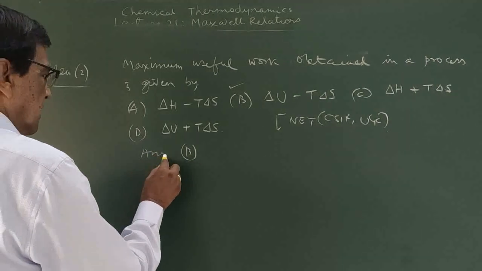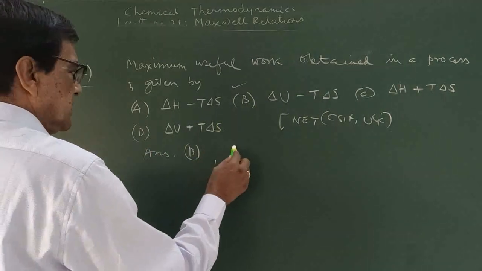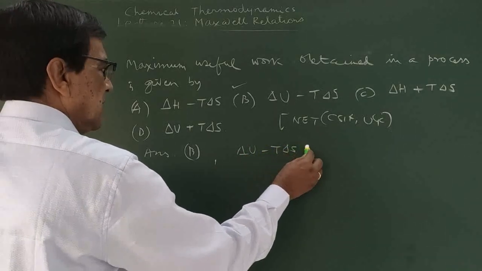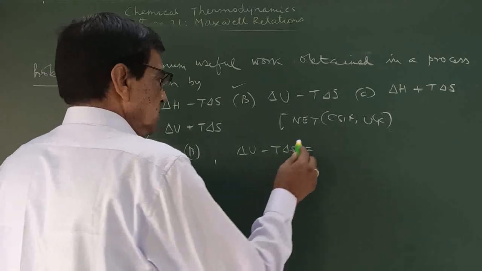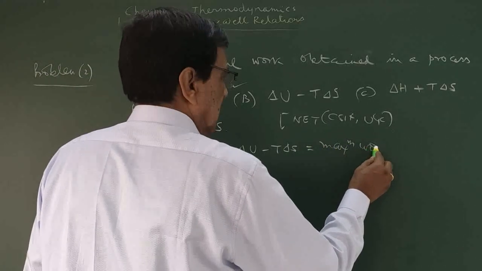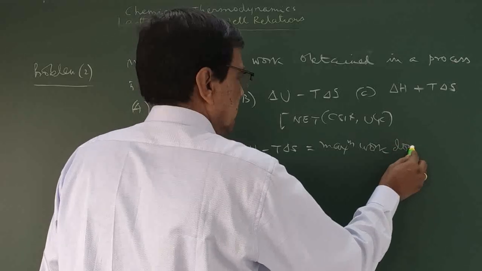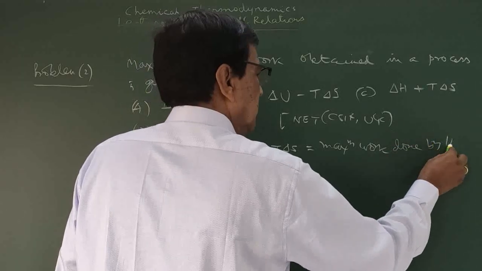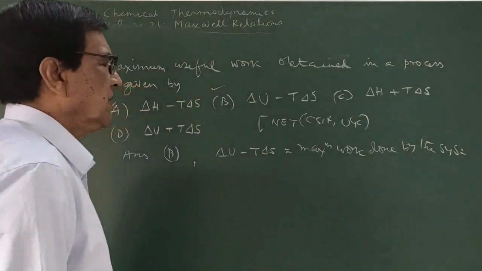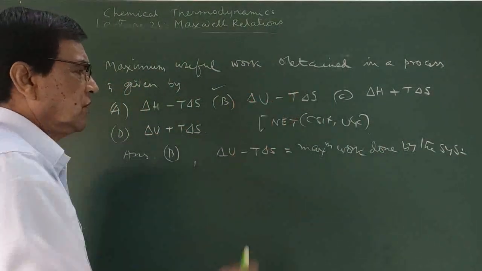Answer is B, and in that case, delta U minus T delta S equal to the maximum work done by the system, as the process is isothermal and temperature remains constant.